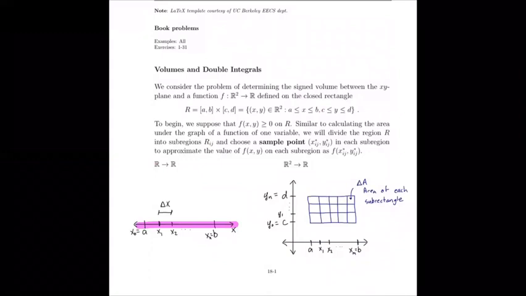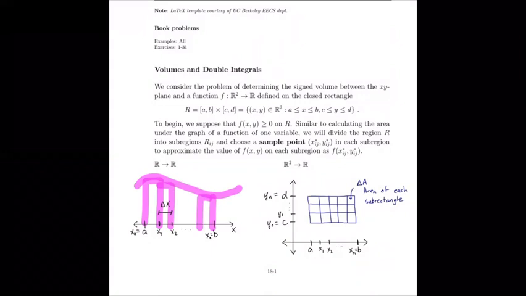Okay, so the way we would split this up in the past is if we wanted to find the area underneath a curve, then we would split the interval up and approximate it with rectangles to calculate the area under the rectangles, and that would approximate the area underneath the curve.